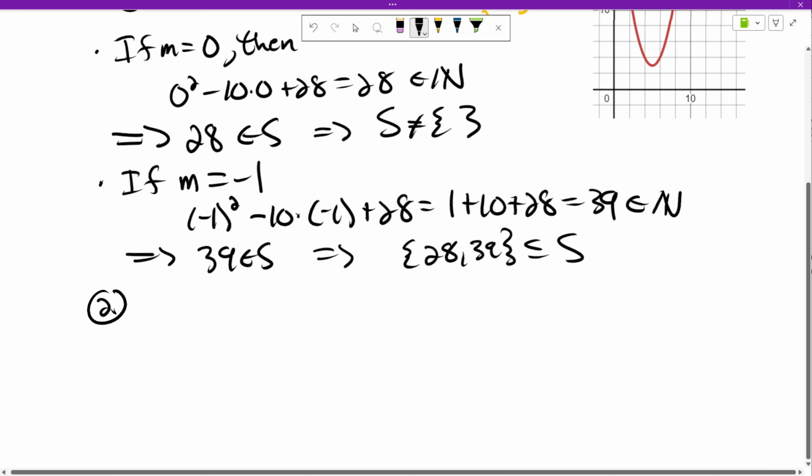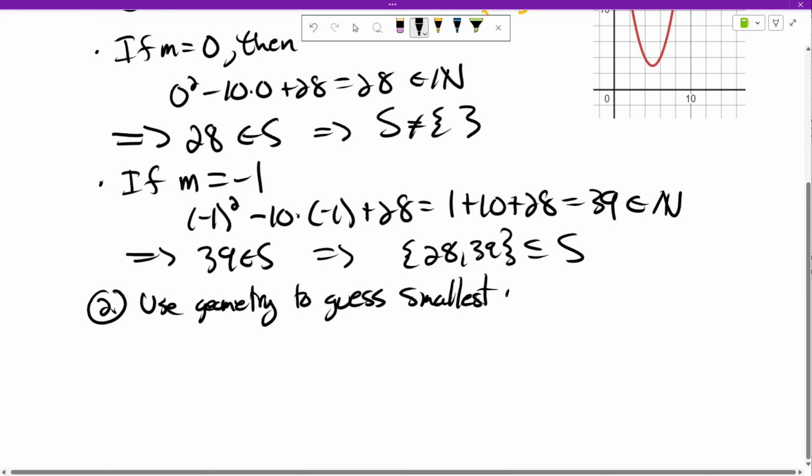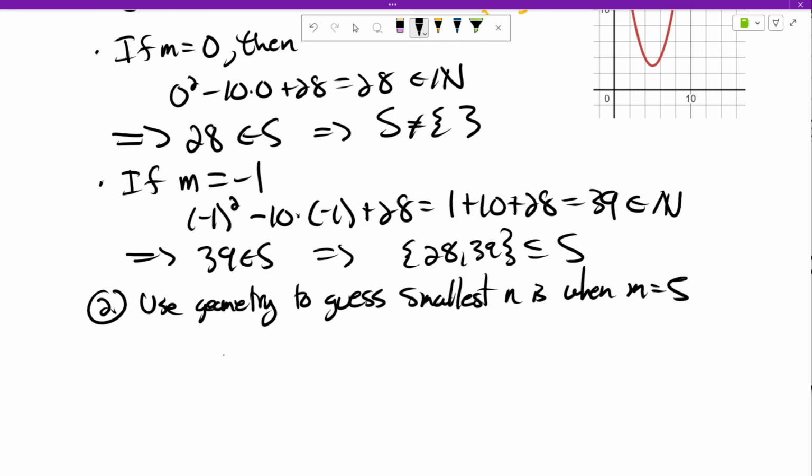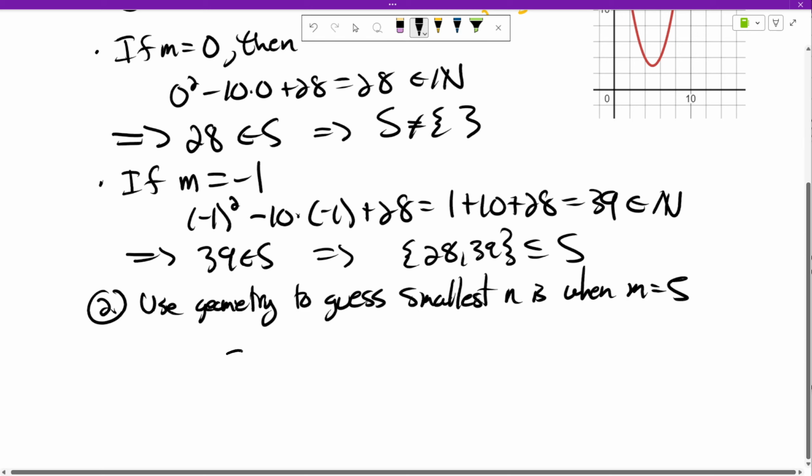So we're going to use geometry to guess what the smallest n is when m equals 5. We just need to check that we get a natural number out of it, that is, something non-negative. So when m is 5, we're looking at 5 squared minus 10 times 5 plus 28.